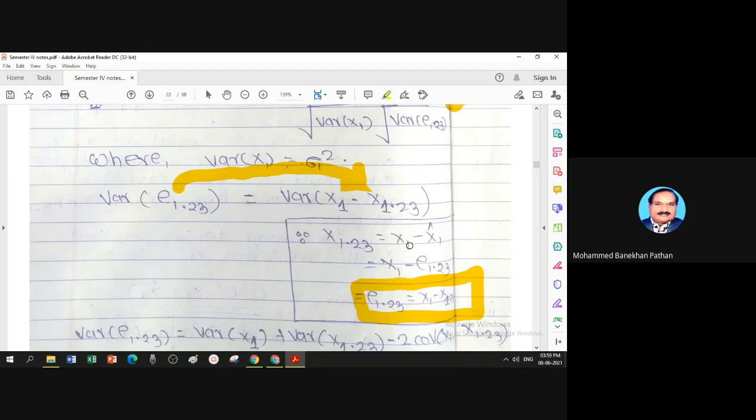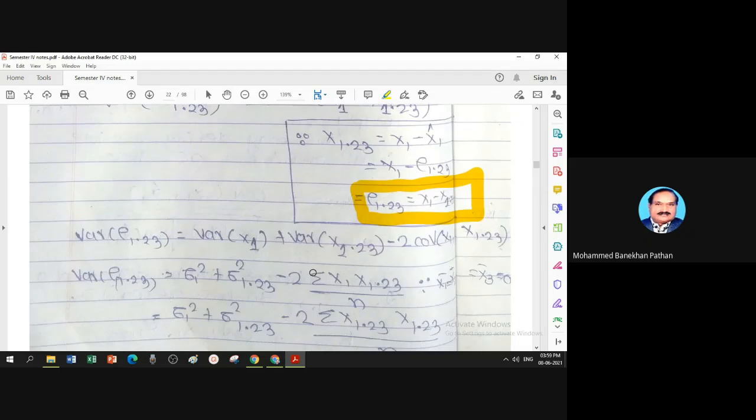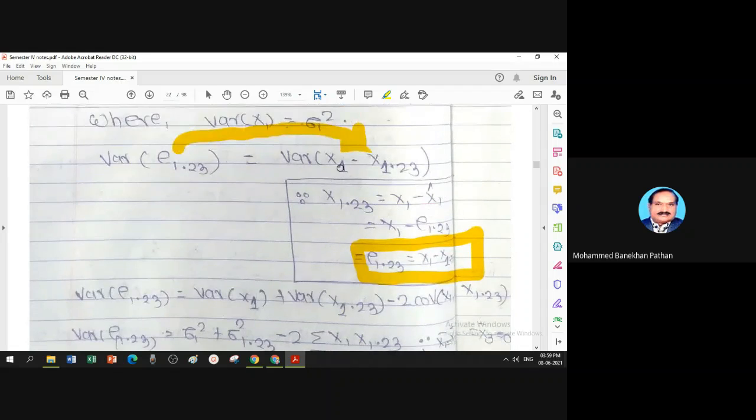The original variable is also a residual of order 0, and this is nothing but a residual of order 2. So I can take E1.23 as x1 minus x1.23, so variance of E1.23 equals variance of x1 minus x1.23.